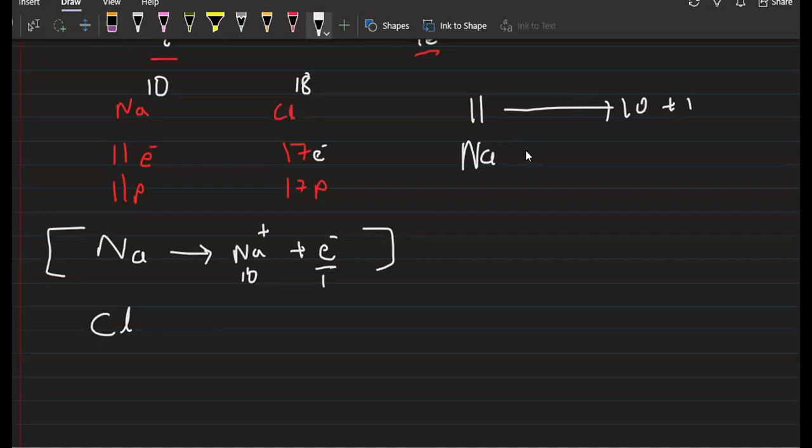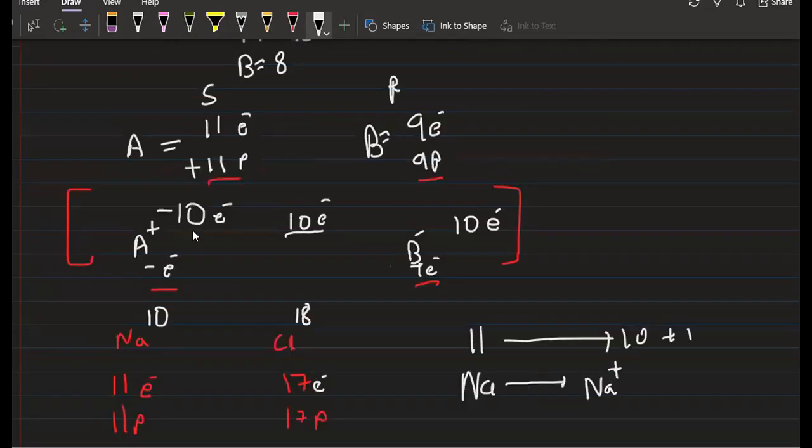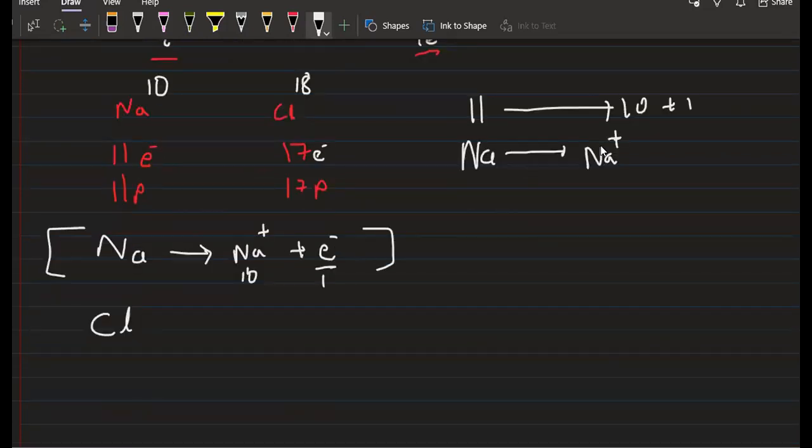Now, if it loses one electron, then it will become Na plus. Why? Because after losing one electron, the number of protons will be more than the number of electrons.